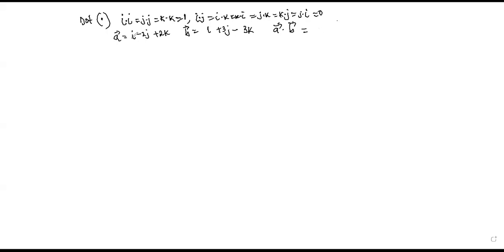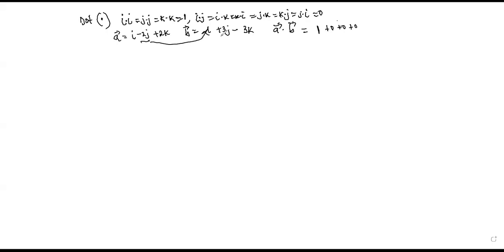So I have I dot I here, so I'm going to have 1. But the I multiplied by 3J, I'm going to get 0. The same thing, I multiplied by 3K, I'm going to get 0. For the next component, which is J, J dot the other terms, you're still going to get 0.